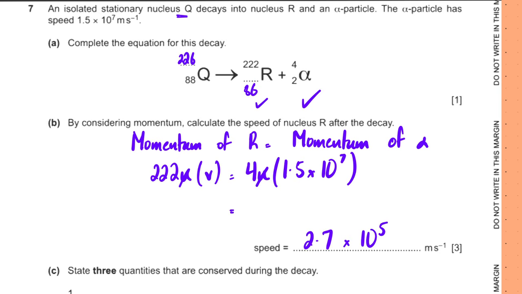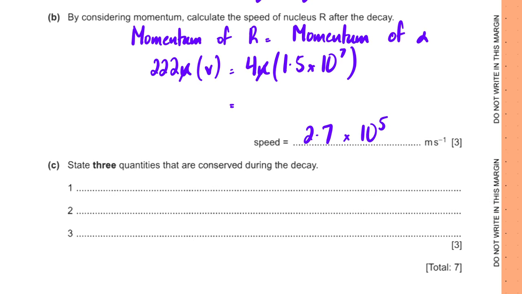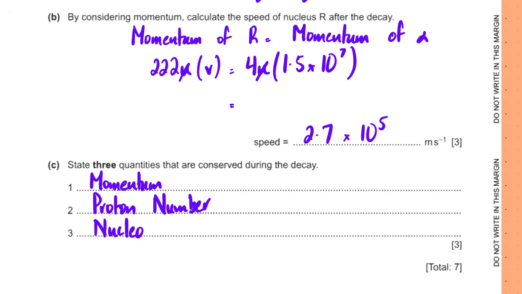State 3 quantities that are conserved during this decay. So there is a lot that you can say. You can say that momentum is conserved, you can say proton number is conserved, and you can say nucleon number is conserved. This is the more obvious choice in this case.